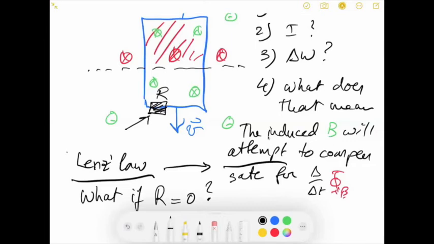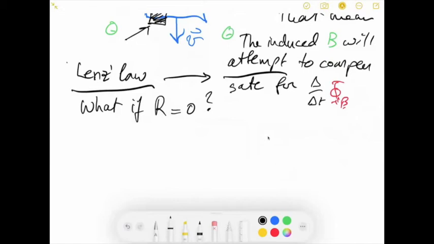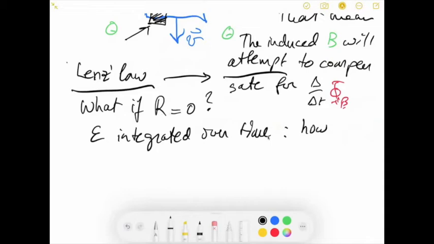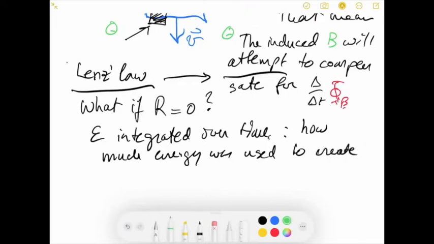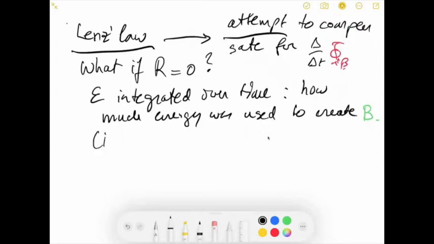So it's perfectly legitimate to say that an E integrated over time tells you exactly how much energy was used to create that magnetic field B. And of course, this is ignoring R.